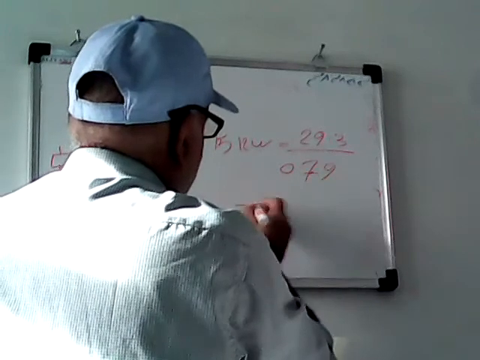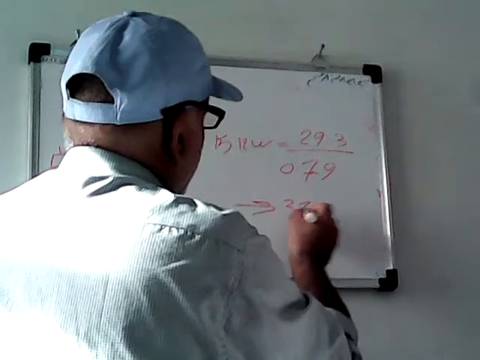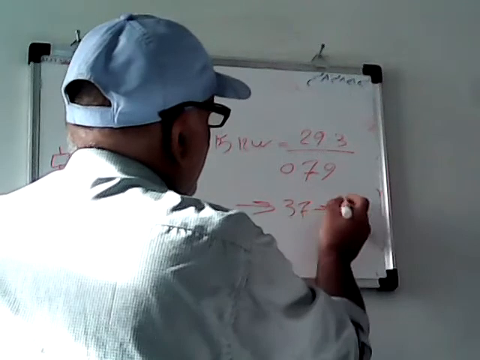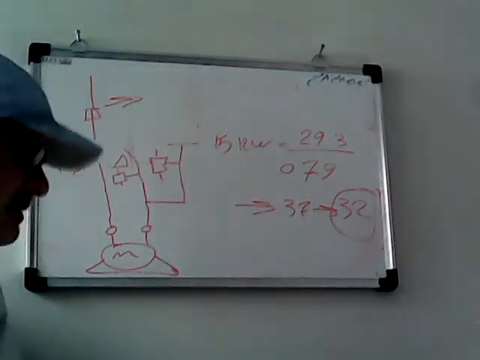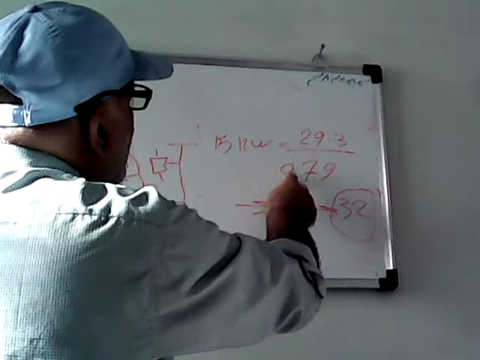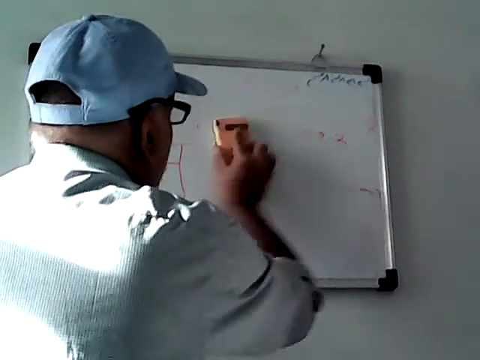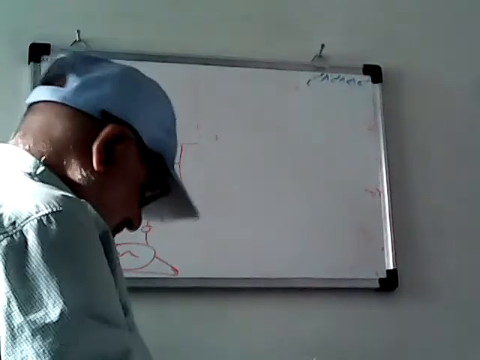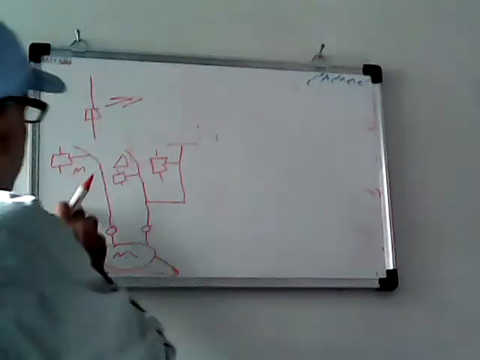Your fuse is 37. If you don't have 37, you use a 32 fuse. Very easy. Just divide it by 0.79. This is for motors up to 65 kilowatt.